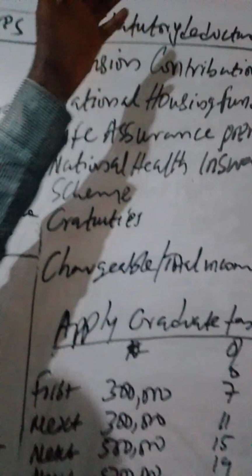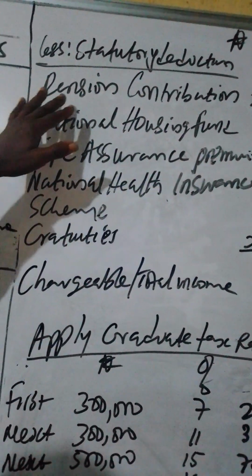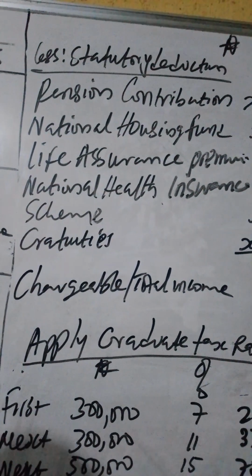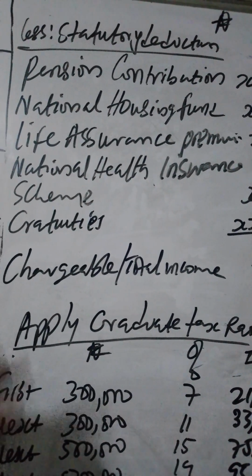If that is deducted, we now move to what we call the statutory deductions. Your statutory deductions are pension contribution, national housing fund, life insurance premium, national health insurance scheme, and gratuity.